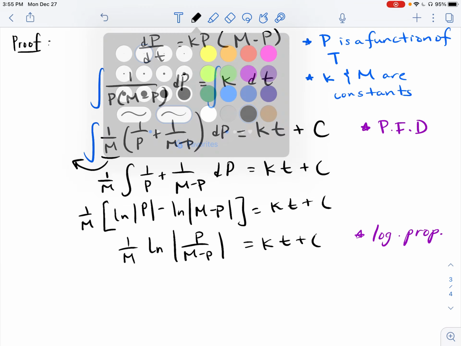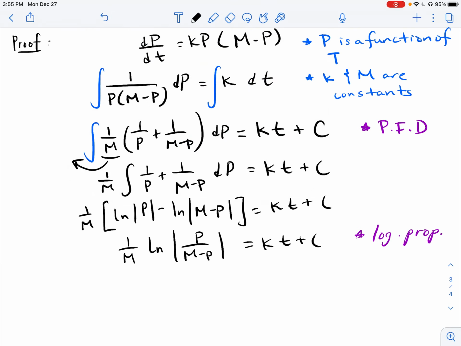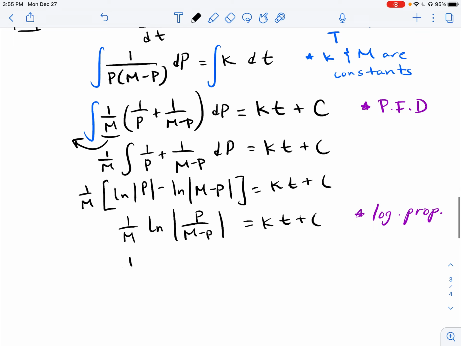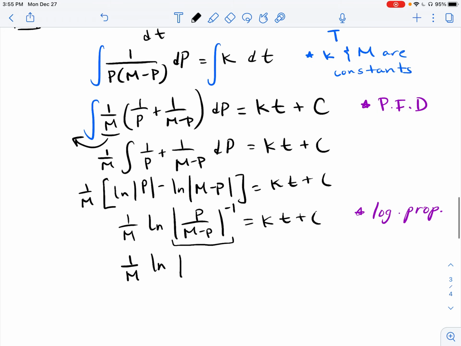And I'm going to use another log property now, because I can rewrite this as the following. I've got 1 over M. Now, if I were to take this entire argument and rewrite it to the -1 power, then we know that this is equivalent to the reciprocal of this. This is the reciprocal of this. Well, this M minus P over P.